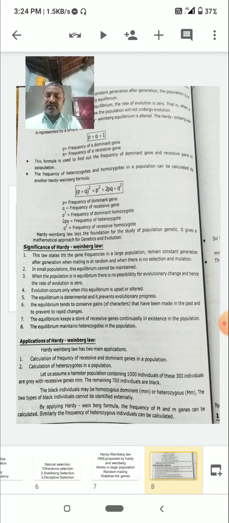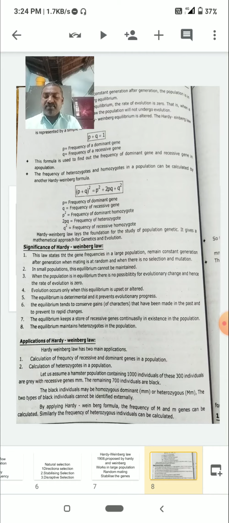Hardy-Weinberg law lays a foundation for the study of population genetics. It gives a mathematical approach for genetics and evolution. Significance of the Hardy-Weinberg law: this law states that gene frequencies in a large population remain constant generation after generation when mating is at random and there is no selection and mutation.